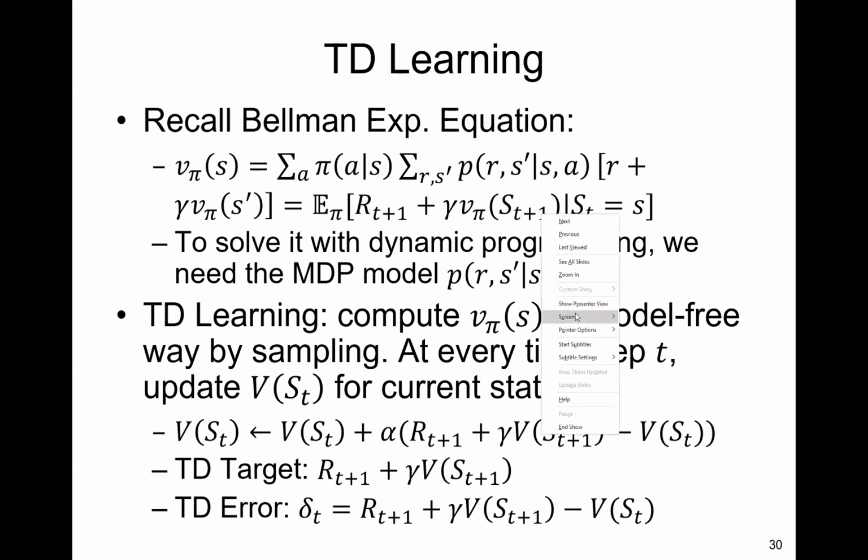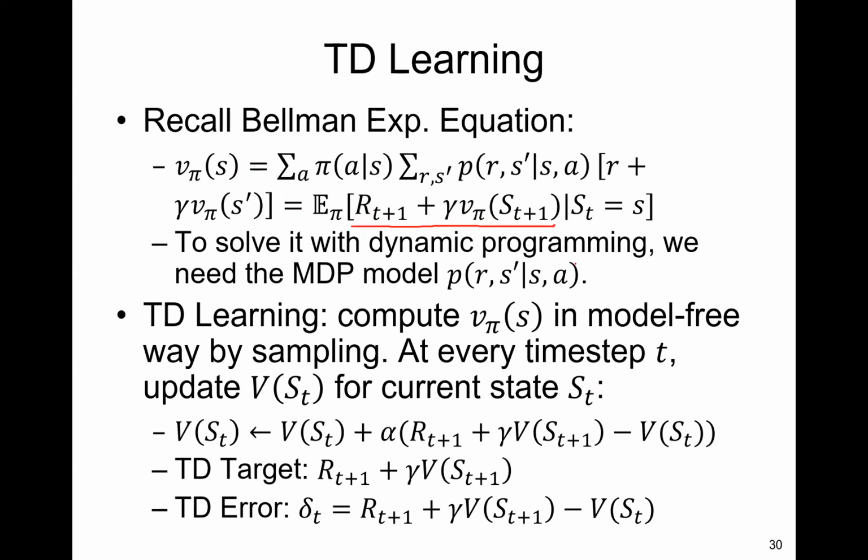This is the one-step look ahead value function based on the next state, s t plus 1. If your value function is very accurate, then these two terms should be equal. But in fact, if they are not equal, it indicates that your value function is not accurate.